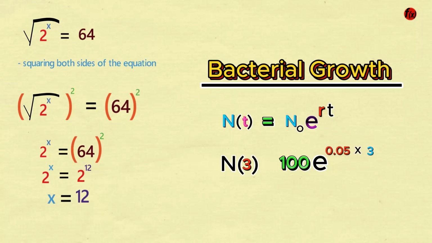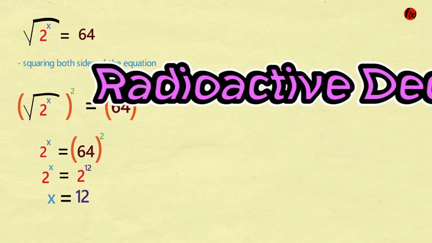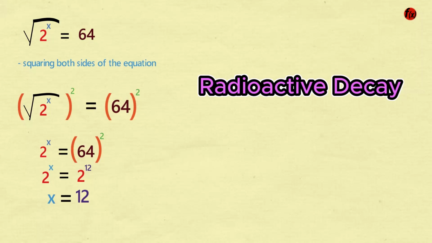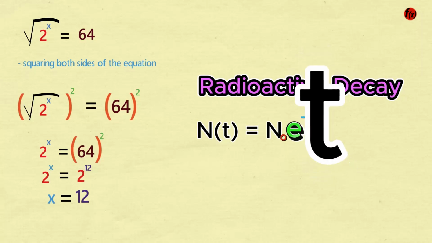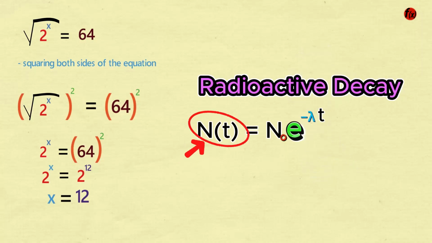4. Radioactive decay. Radioactive decay is another example of exponential growth, but in this case, it's exponential decay. The formula is Nt equals N0 e to the power negative lambda times T, where Nt is the amount of radioactive substance at time t.